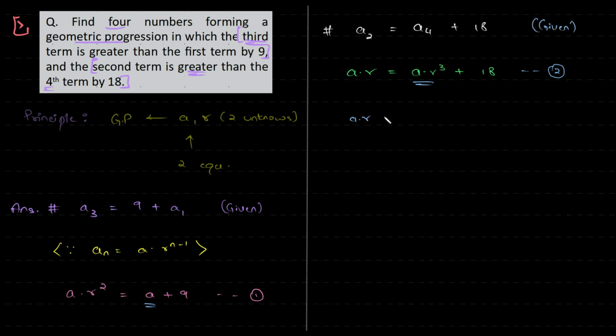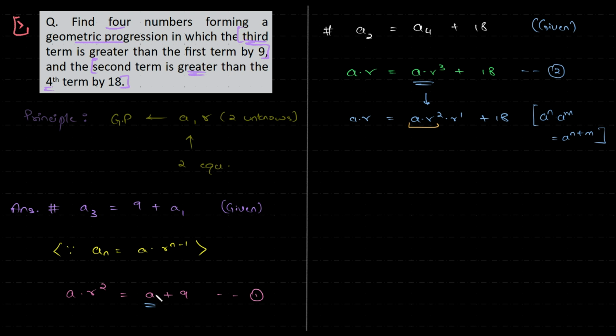So let me show this. a r cubed can be written as a r squared into r to the power of 1, plus 18. Agree? This is as per the formula a to the power of n into a to the power of m, which is a to the power of n plus m. Then we have this, right?